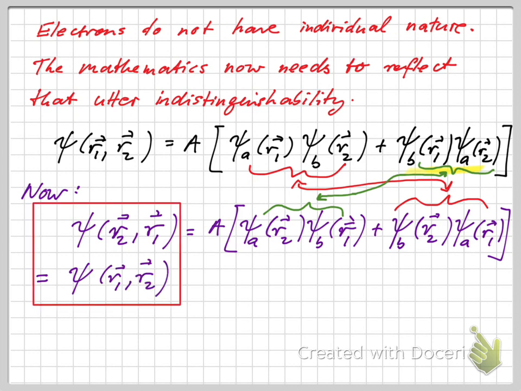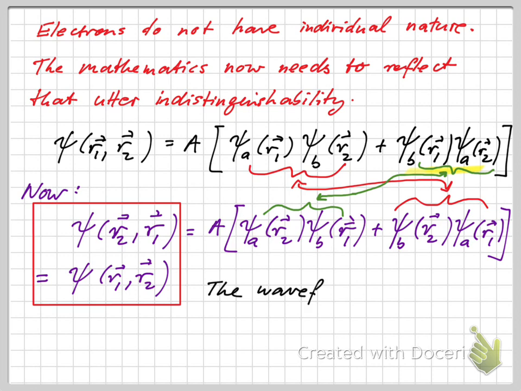And so we can say that switching the two particles around, swapping their locations, makes no difference in terms of the wave function. And so this is what I have here in the red box, is that actually the wave function doesn't care if you put the first particle at R1 and the second particle at R2, or if you do it in the reverse. Makes no difference for the wave function.